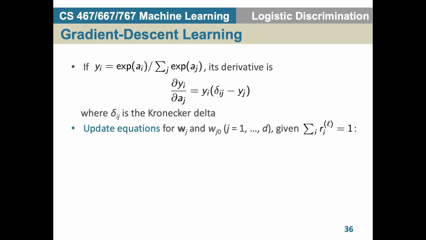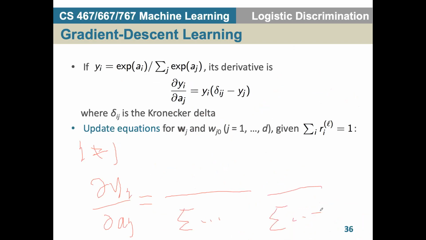So what we show is that if i is not equal to j, then the derivative of yi with respect to aj is negative e ai times e aj over the summation squared.